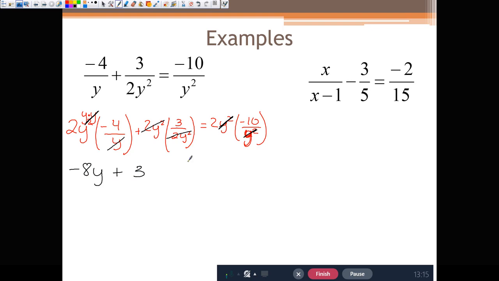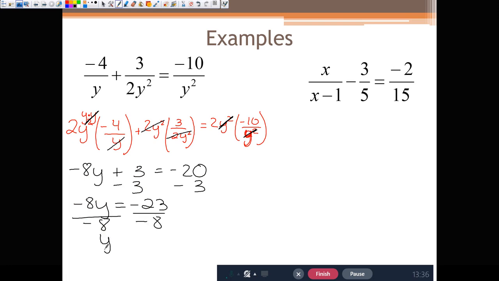And then I'm going to have 2 times negative 10, which is negative 20. I'm going to subtract 3 from both sides and get negative 8y equals negative 23. I'm going to divide by negative 8. I have 2 negatives here, so it's going to become a positive 23 over 8.